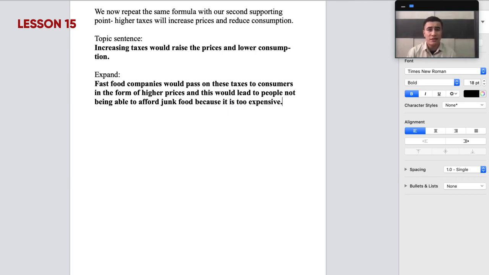So you probably understand the logic here. Fast food companies would pass on these taxes to consumers because they have to benefit, and naturally they will raise the prices, and junk food will become too expensive and people probably will stop buying it.